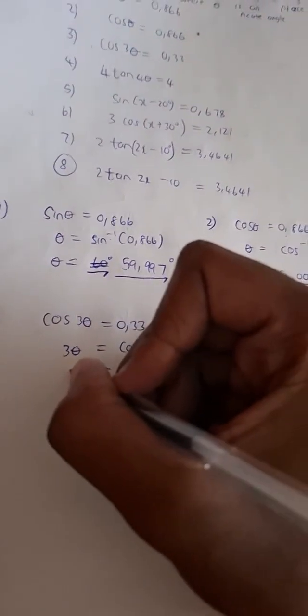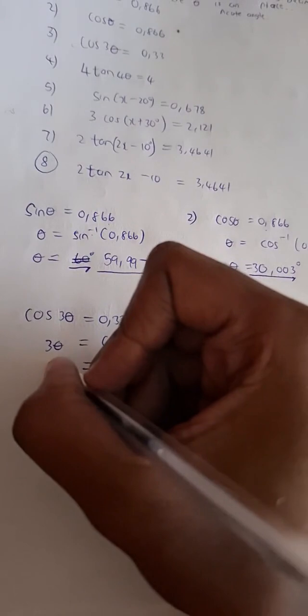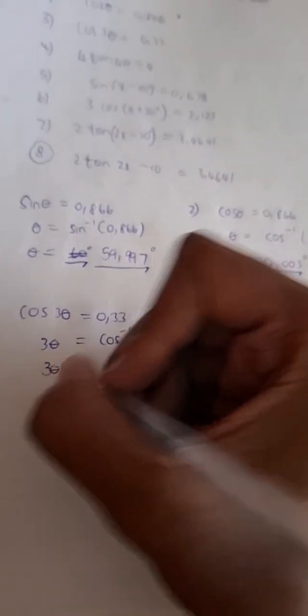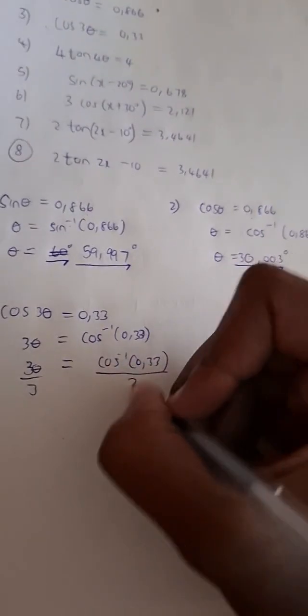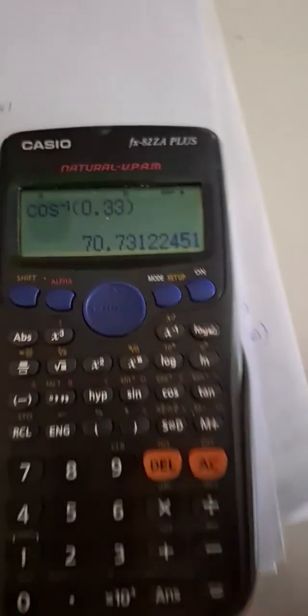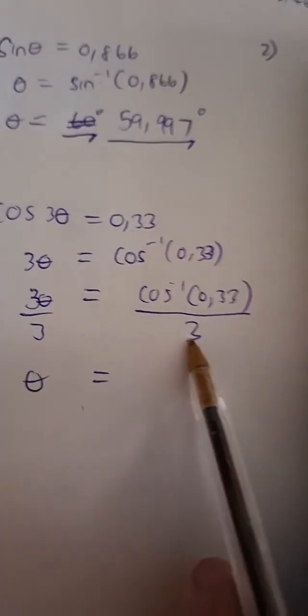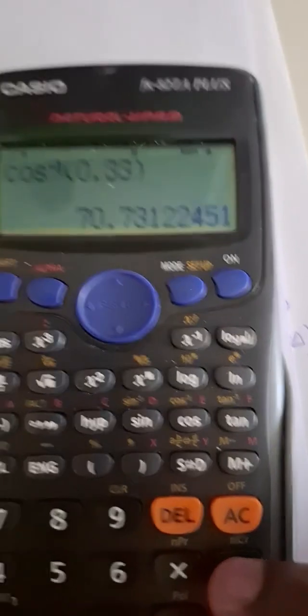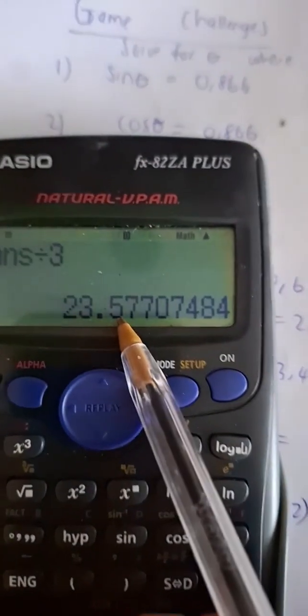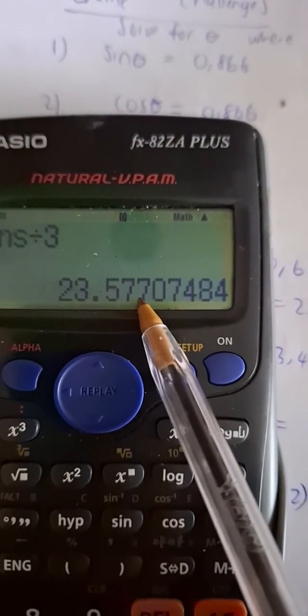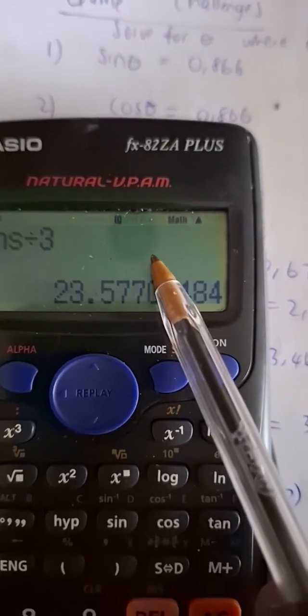All right, and you know, I usually like actually doing the following, because obviously that answer we are going to divide by 3. So we go ahead and just divide it by 3, so that we can get the answer immediately. So the answer there is 23.5. We have to round off to 3 decimal places, so the 577.